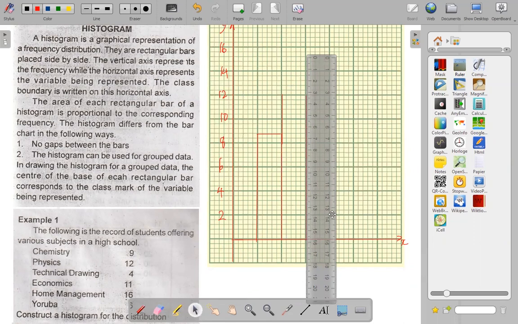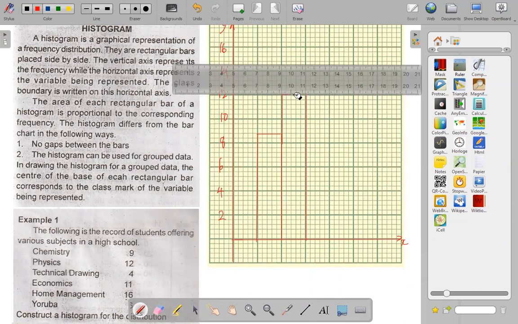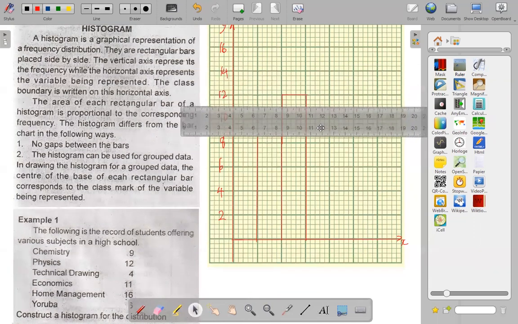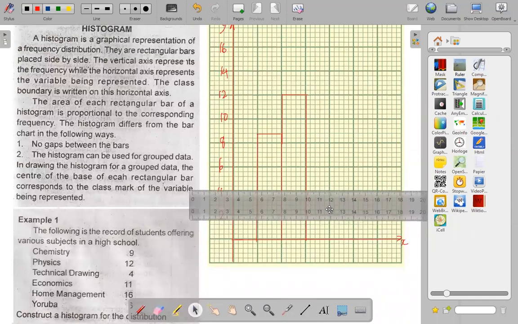And the next thing, the next one is technical drawing, which is 4. Let's move on to 4.